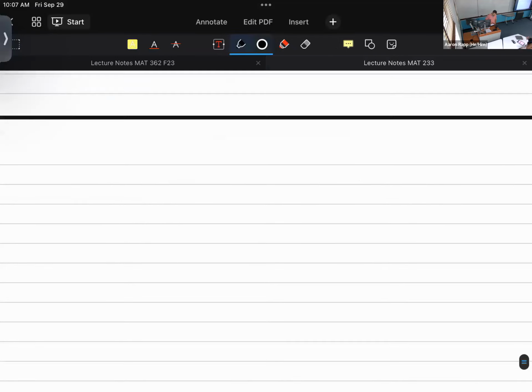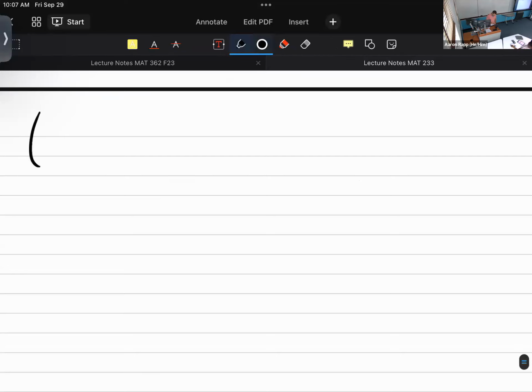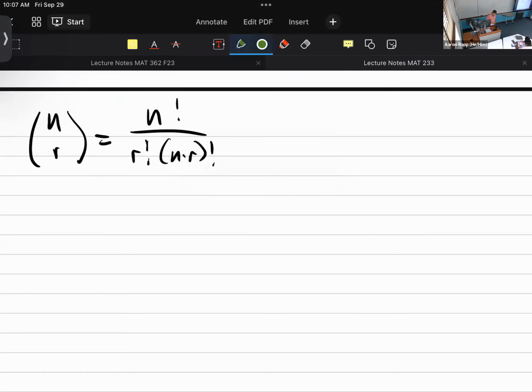All right, n choose r is n factorial over r factorial times n minus r factorial. And we're going to assume, just for the sake of this argument, without loss of generality, that r factorial is the bigger of the two numbers.